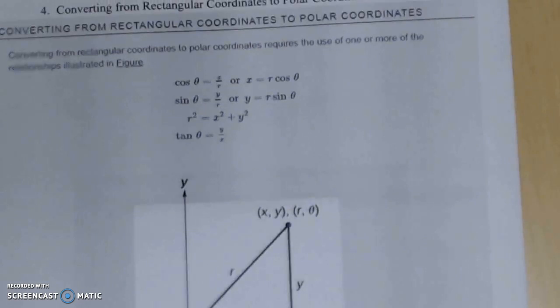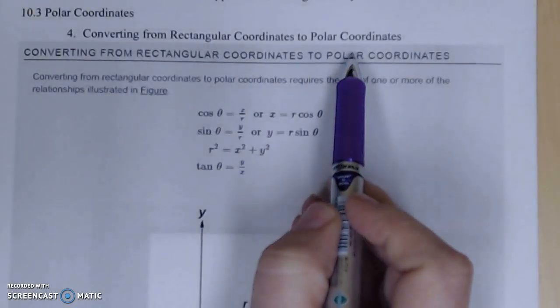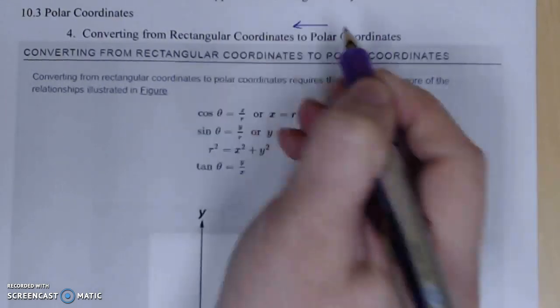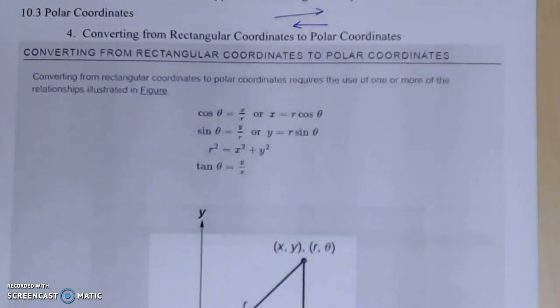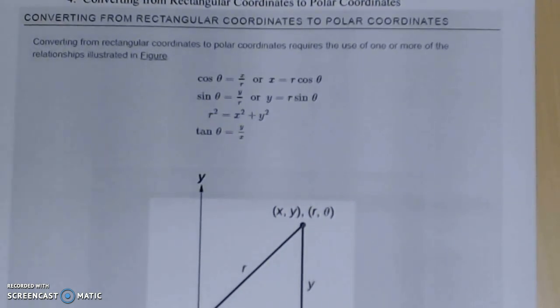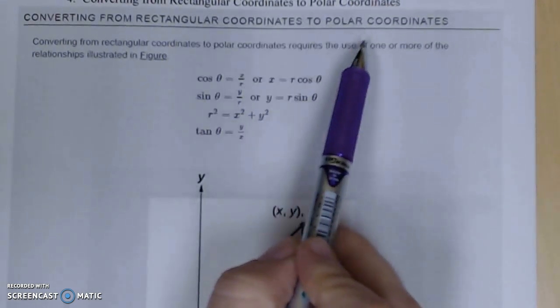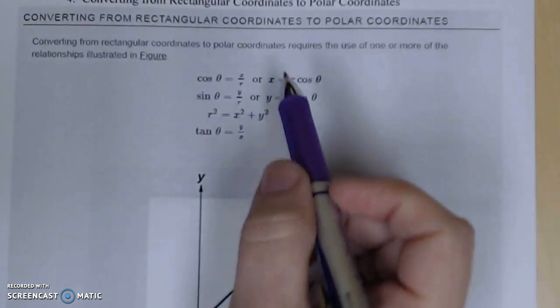On to the next page, you'll see for part 4 here, we're going to be converting from rectangular coordinates to polar coordinates. So we've gone this direction in part 3, so now we're going to go the opposite direction. You'll notice some familiarities here with this next gray box. It says, notice when you're converting from rectangular coordinates to polar coordinates, some information.